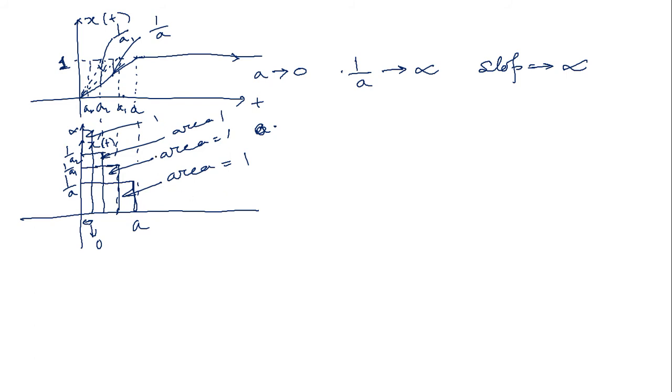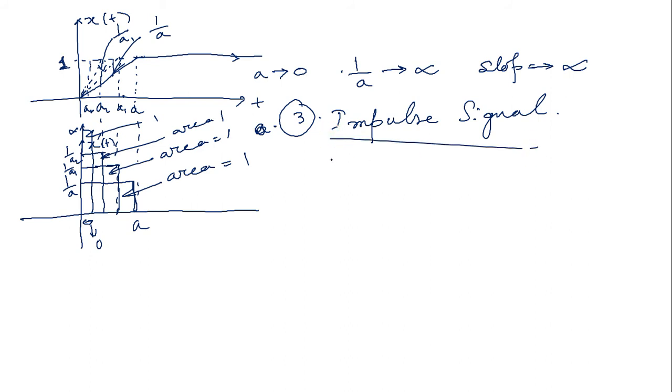This is a special kind of signal, one elementary signal, that is called the impulse signal. Third of the elementary signals, that is called impulse signal. Or in another way, it is called Dirac delta function.